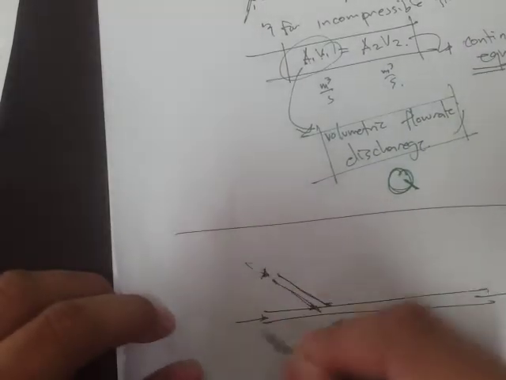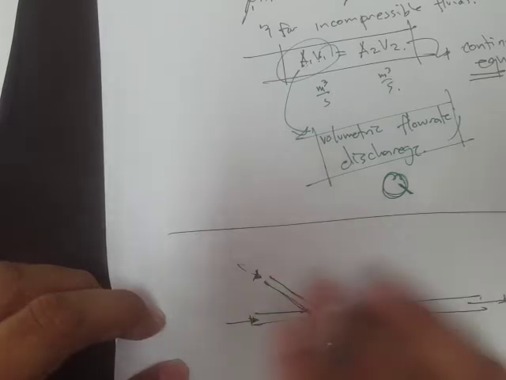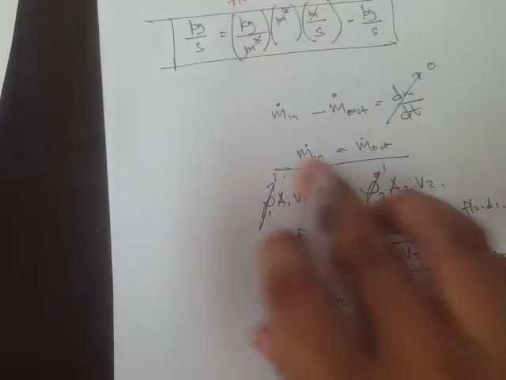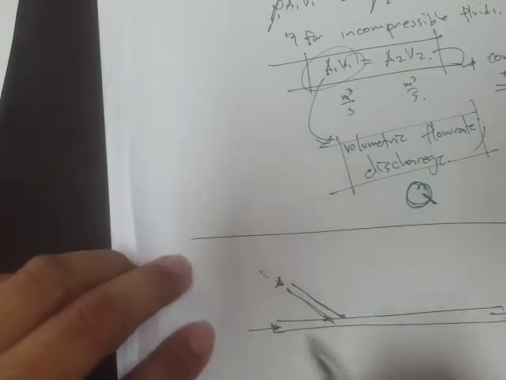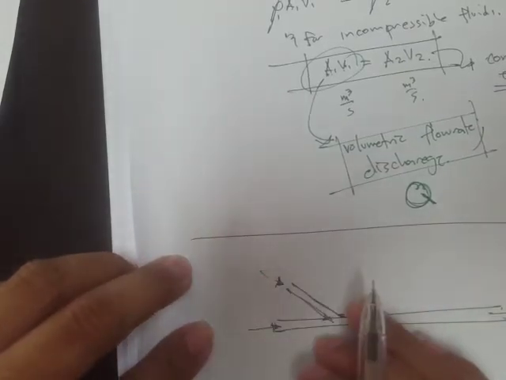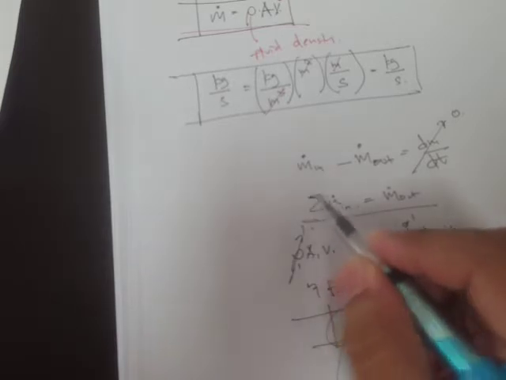So this is inflow, and then outflow. Based on this conservation of mass, the mass in is just equal to the mass out. So if you have many entry points or many exit points, then we can rewrite that as a summation.